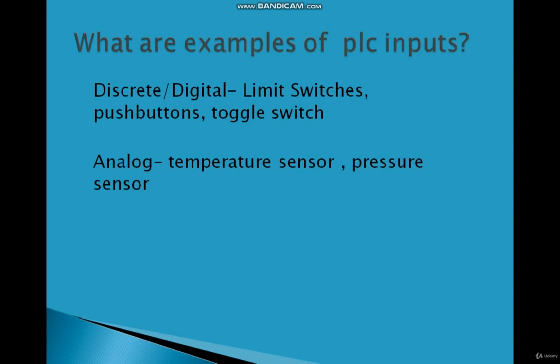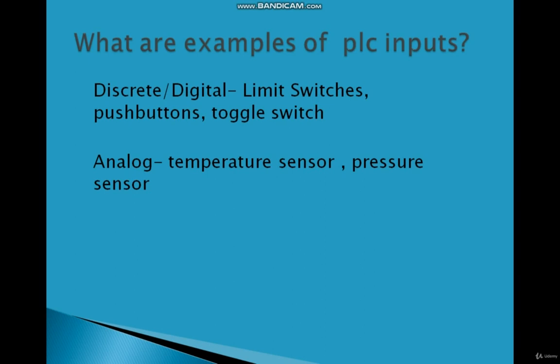What are examples of PLC inputs? Well, here I have a few examples of different inputs. For example, the discrete / digital inputs.